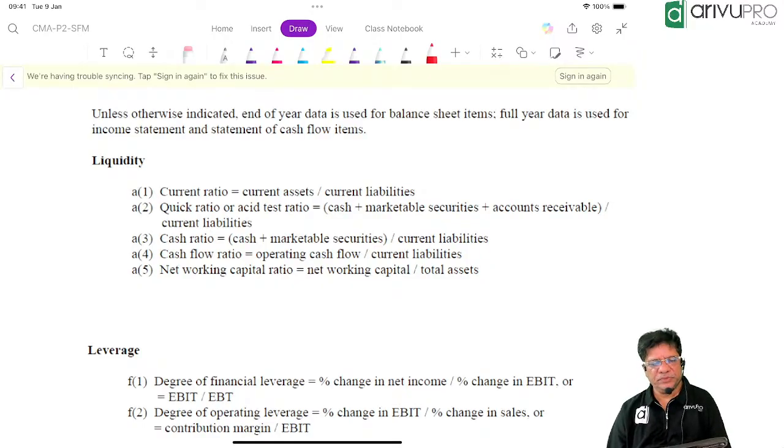Next, cash flow ratio equals operating cash flow divided by current liabilities.